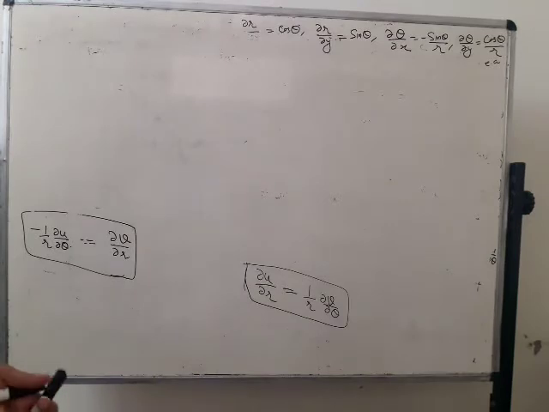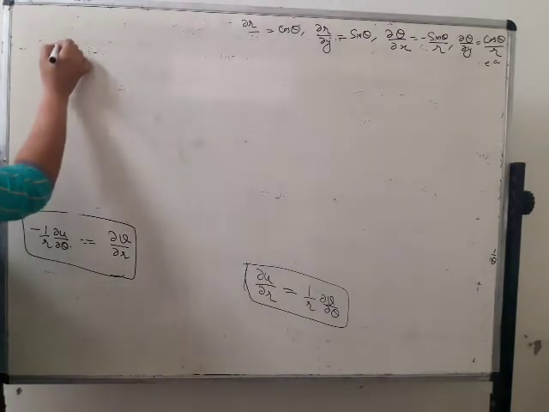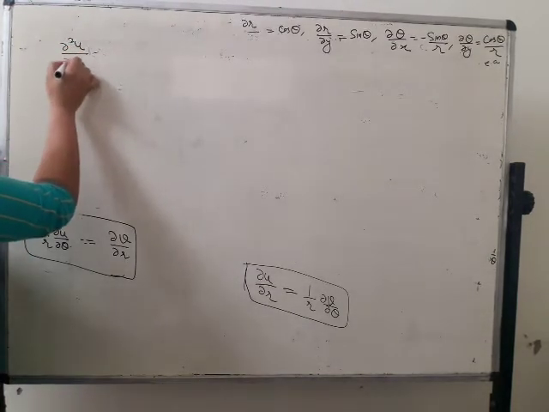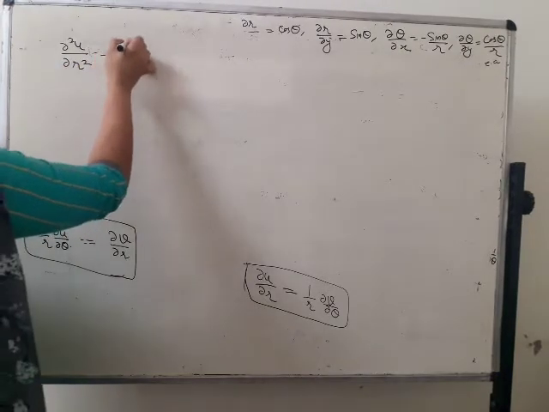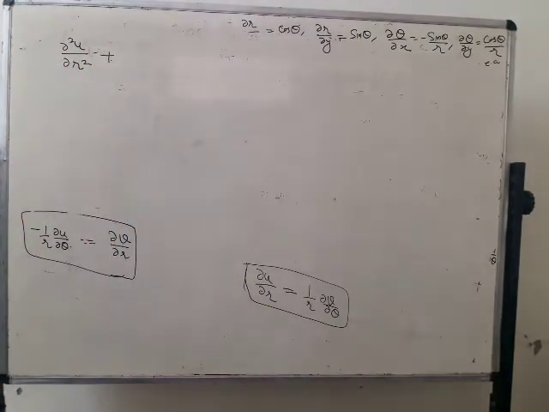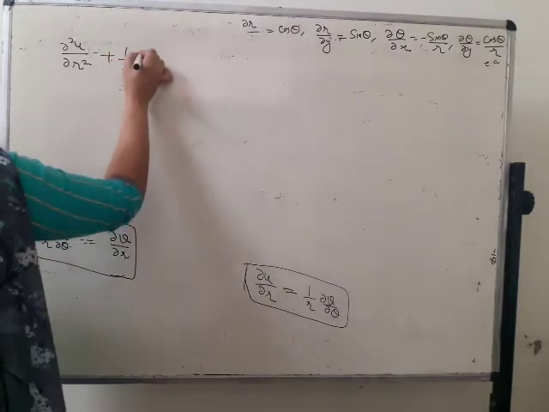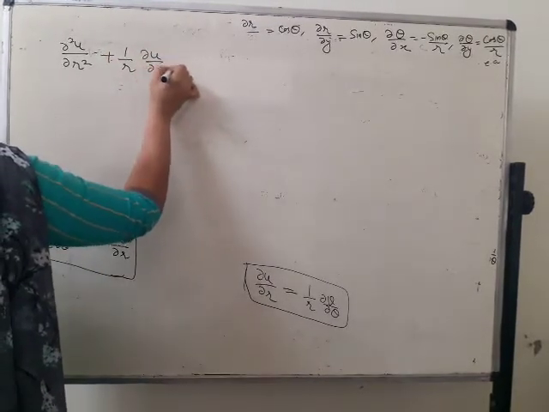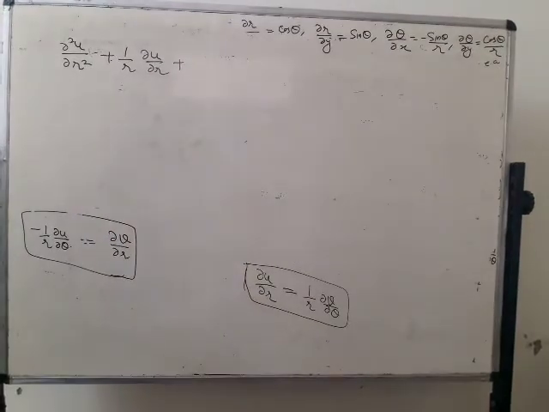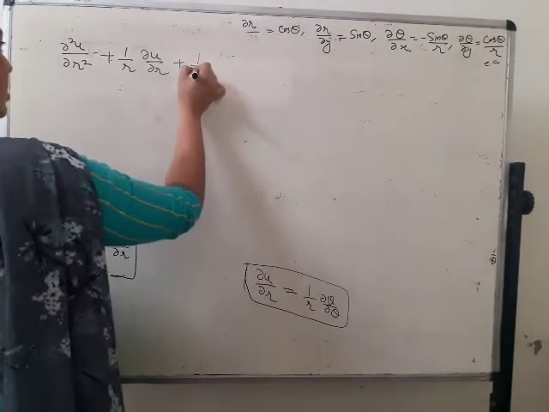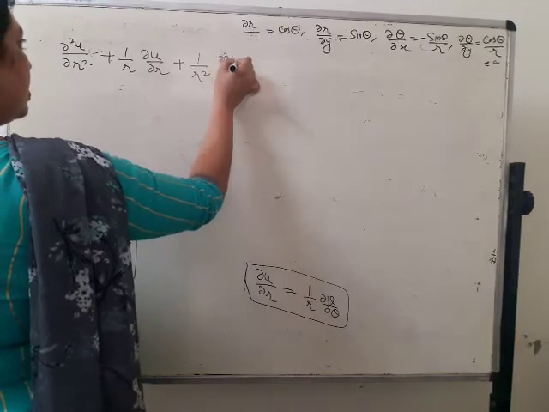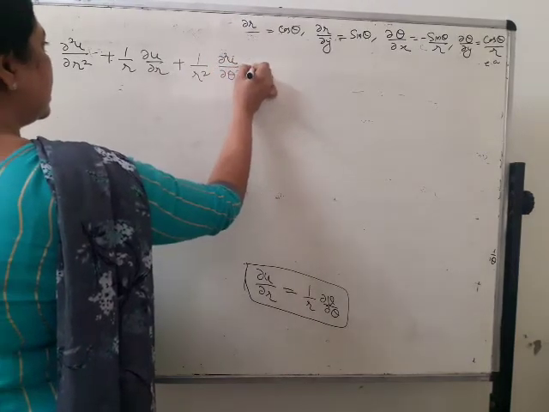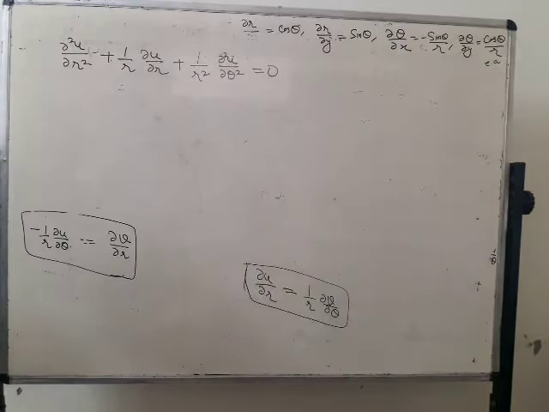We have to prove that ∂²u/∂r² plus 1/r ∂u/∂r plus 1/r² ∂²u/∂θ² is equal to 0. We have to prove that the sum of these three terms is equal to 0.